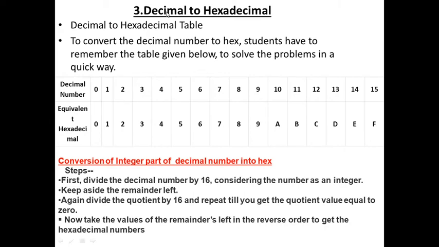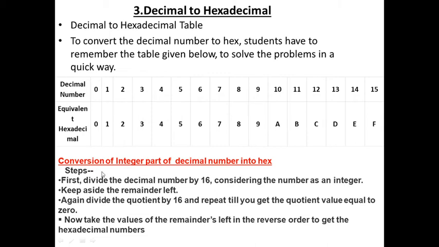Decimal uses 10 symbols, which are 0 to 9. Hexadecimal uses 16 symbols, from 0 to 9, which are 10 numbers, and these are 6 letters, capital A, B, C, D, E, F. So you should know this table by heart. You know that F is 15, E is 14, D 13, C is 12, B is 11, A is 10, the equivalent decimal numbers.